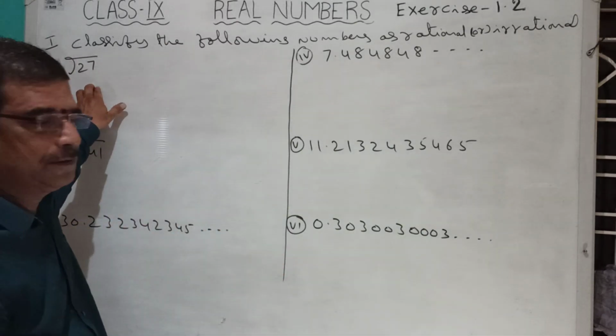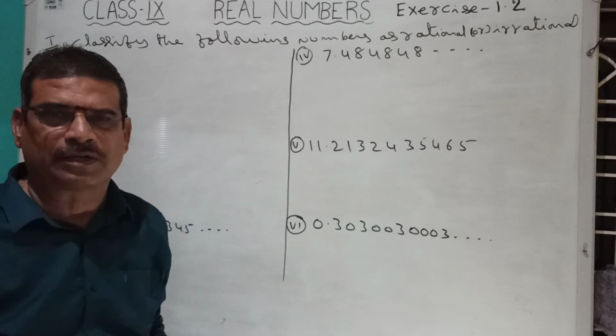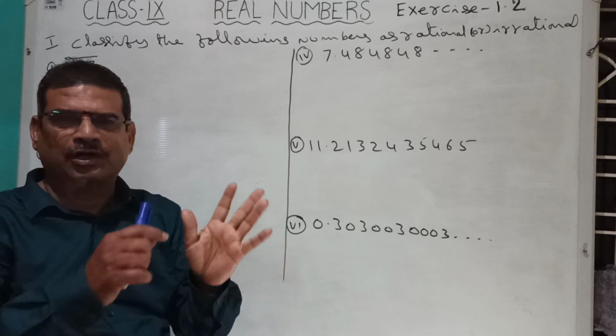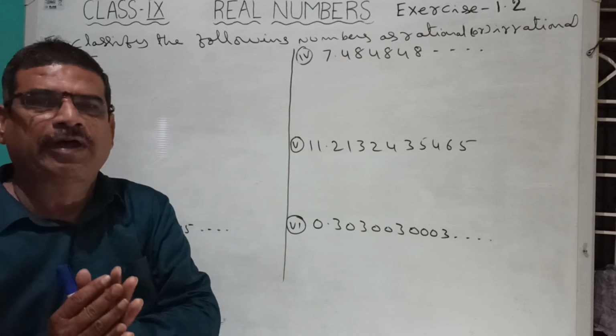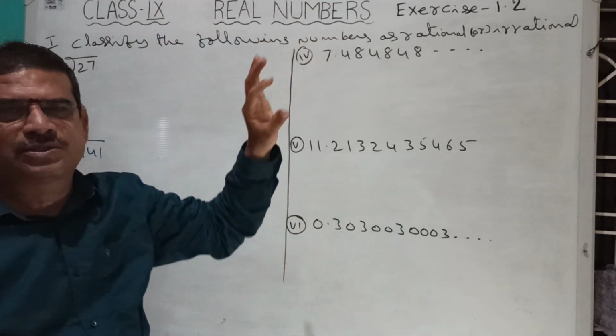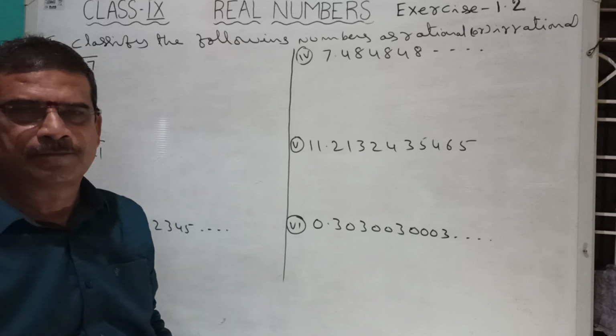Remember one thing: in the exponent, if a fraction is there after simplification, we have to convert the given number into prime factors. Then if the exponent has a fraction, that entire number is said to be an irrational number.